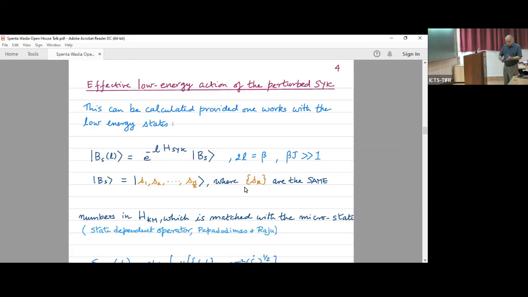And it is only in such states that we can discuss some sort of low energy projection, and also the fact that this low energy projection can be written entirely in terms of the function f of t, these maps. Okay, so this is a state-dependent operator, which is along the lines of Papadodimas and Raju some time ago.